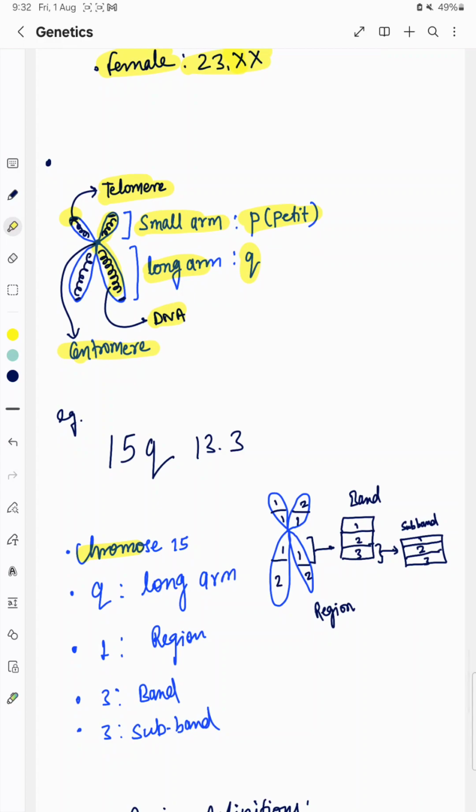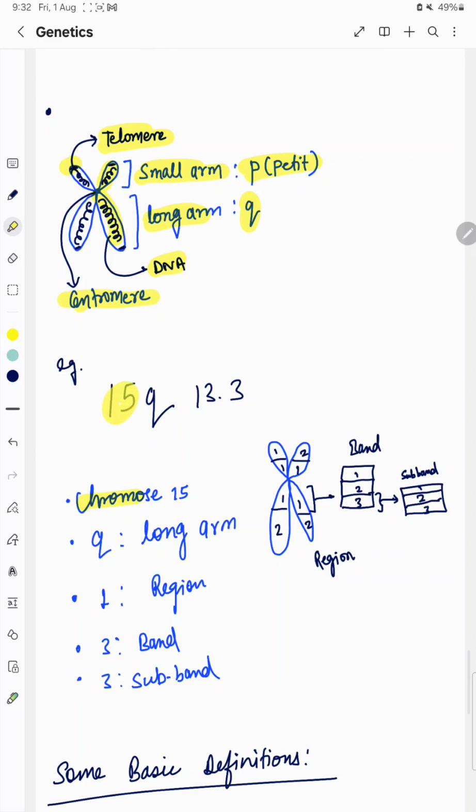How do we write or read a locus, which is a physical position of a gene or a particular segment on a chromosome? For example, 15q13.3, in which 15 represents the chromosome number, q represents the long arm, 1 represents the region, 3 represents the band, and the last 3 represents the sub-band.